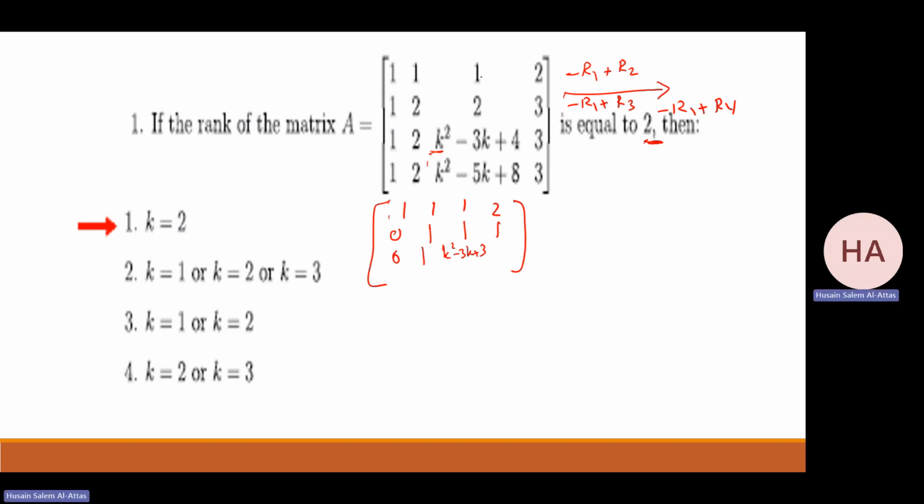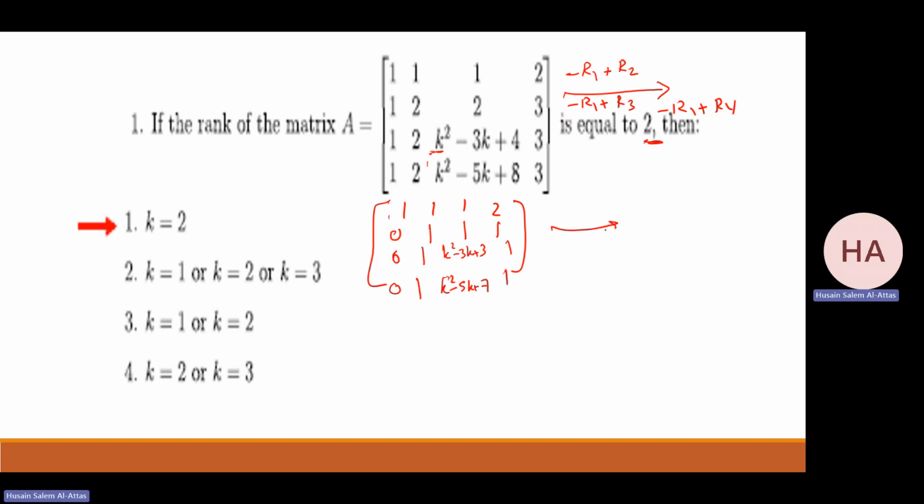I'm multiplying minus R1 and adding it to the third row. Minus 1 and add, that gives me 1. Now I have 0, minus 1 and 2, that is 1. Minus 1 and add it to this, so I have k squared minus 5k plus 7. Minus 1 and add, that gives me 1.